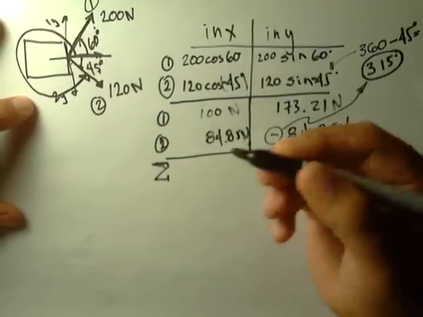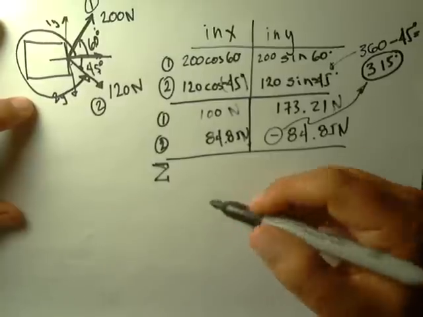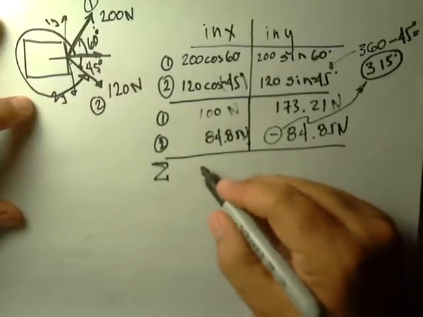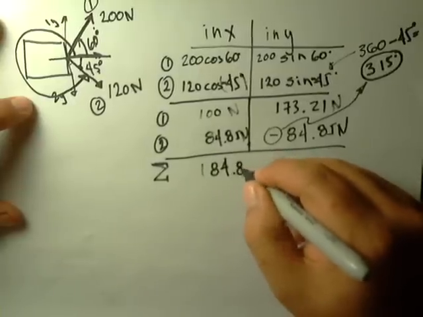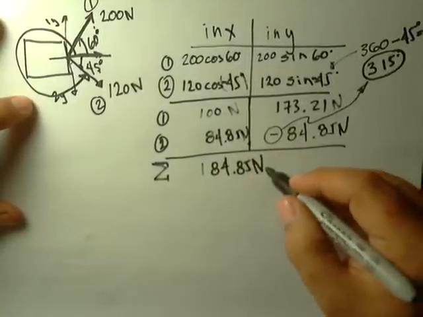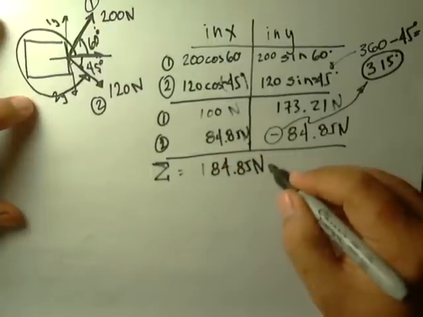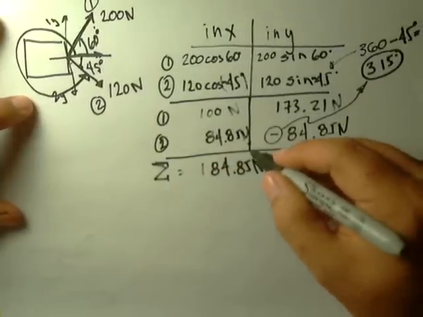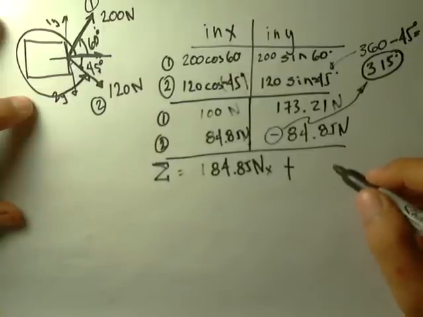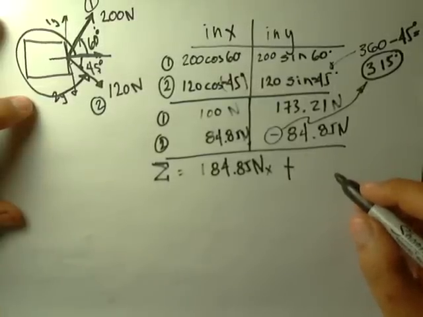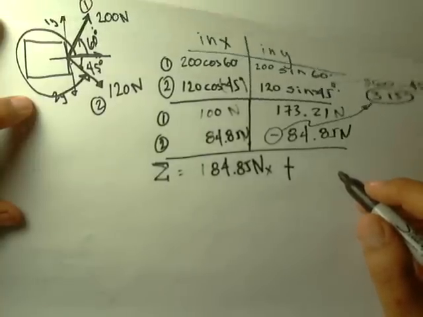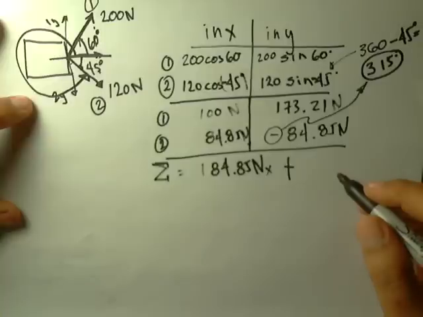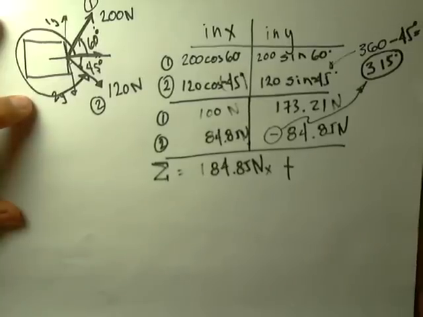That sign is sigma, capital sigma in the Greek alphabet, and we will have 184.85 newtons in x, plus in y the addition of these two, which will be, if I'm not mistaken, 88.36. Let me see.